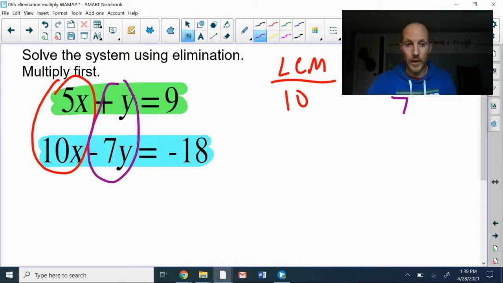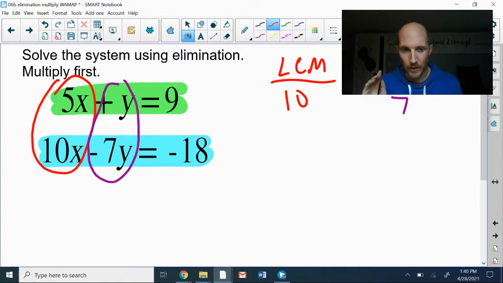So possible advantage for working with the x's, the least common multiple is 10. So I would need to multiply that top equation by -2 in order to get the green equation to have -10 as my coefficient, so that -10x in green and +10x in blue would eliminate. Okay, so multiplying by -2.